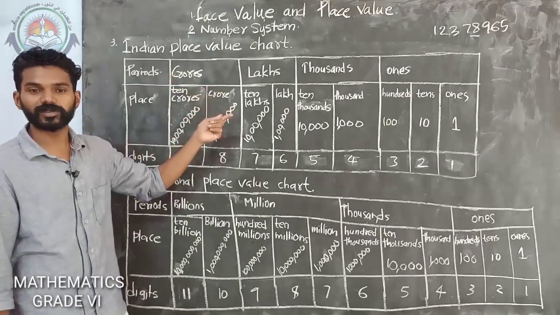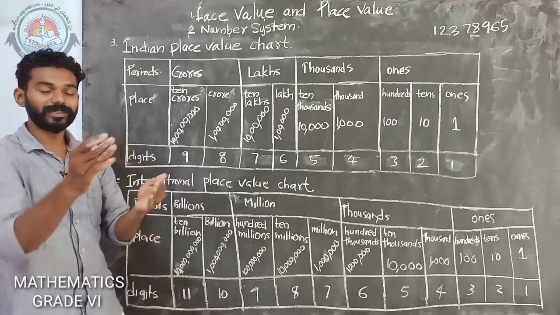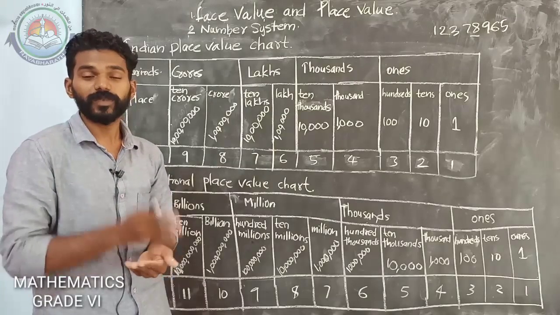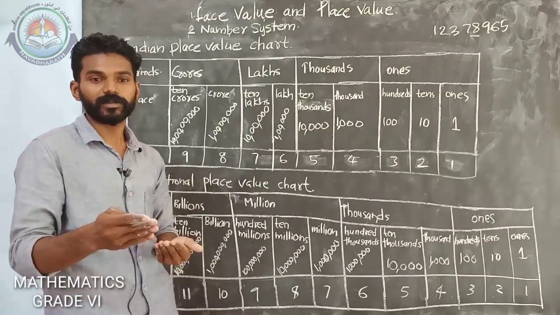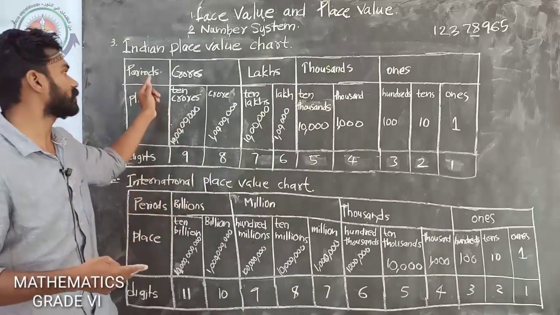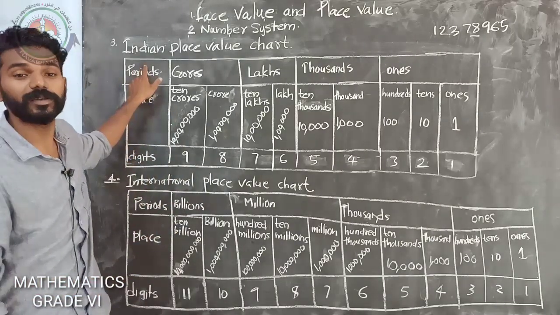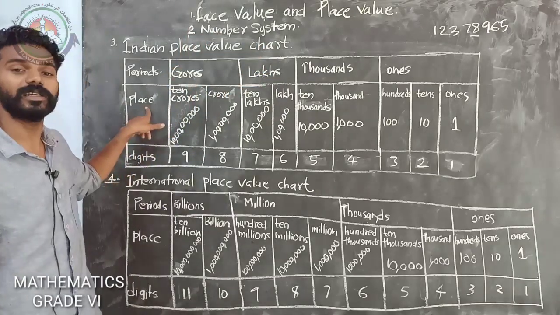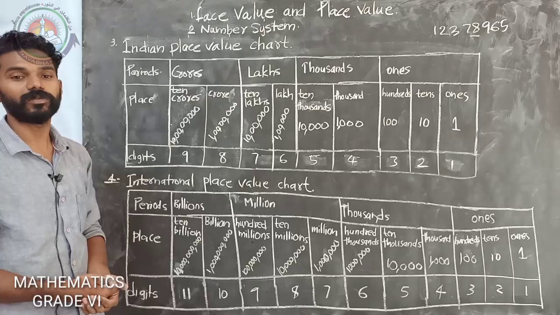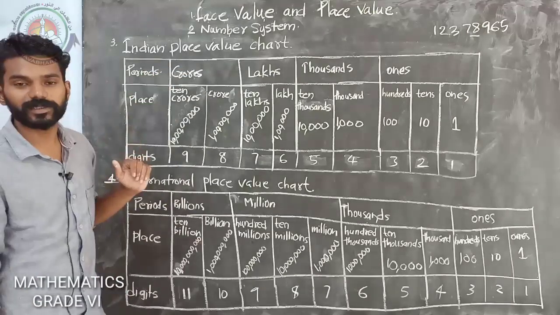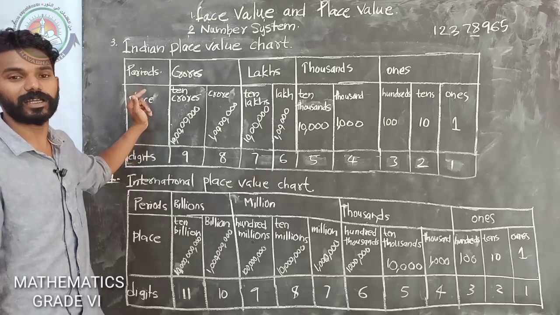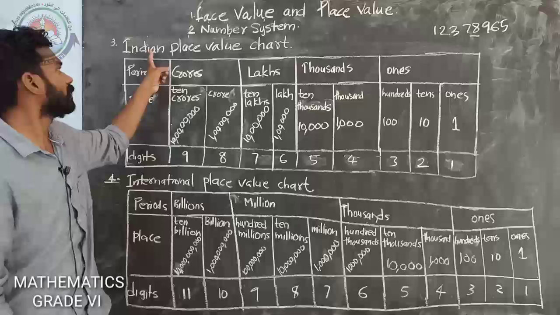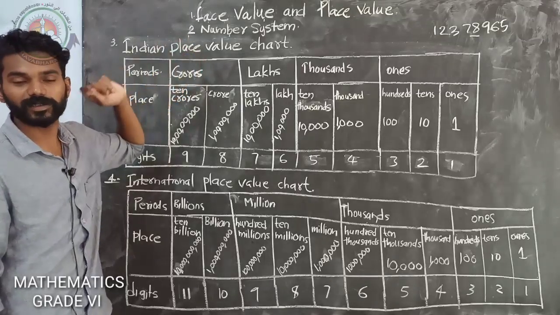In the Indian number system, to consider a number in standard form, we divide the number system into different periods, and in each period there are different places also. On observing this chart, you can see that there are different periods and places in the Indian number system.